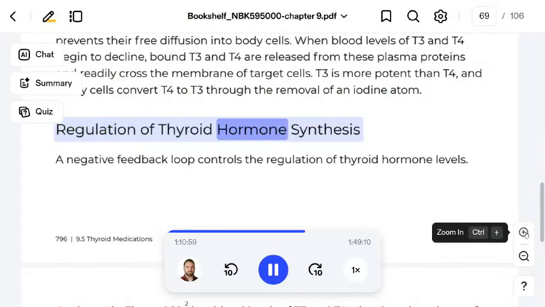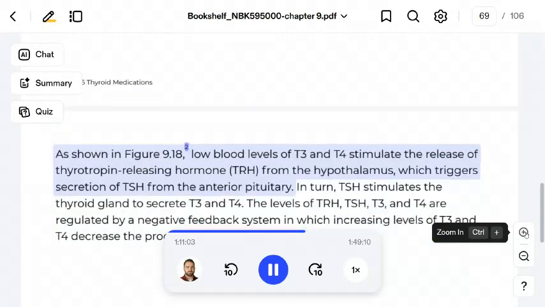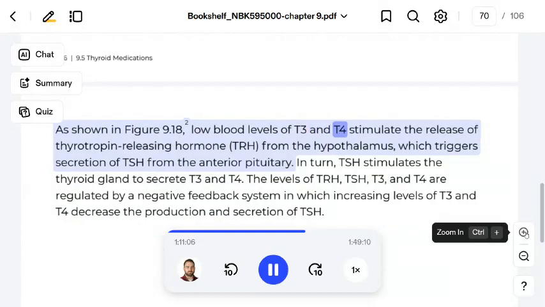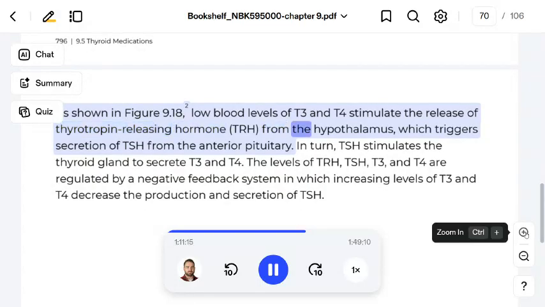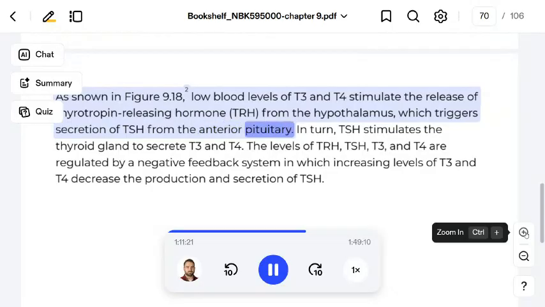Regulation of thyroid hormone synthesis. A negative feedback loop controls the regulation of thyroid hormone levels. Too low blood levels of T3 and T4 stimulate the release of, as shown in figure 9.18, thyrotropin-releasing hormone from the hypothalamus, which triggers secretion of TSH from the anterior pituitary.